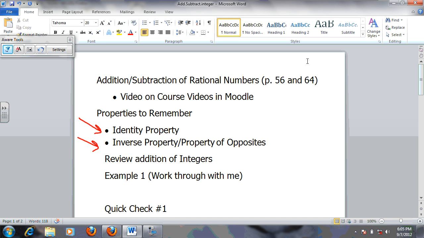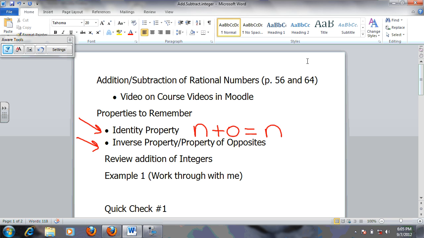If you look on page 56, under adding rational numbers, you see the property, identity property. Identity property in addition is just that some number, n plus 0, will always equal that number.